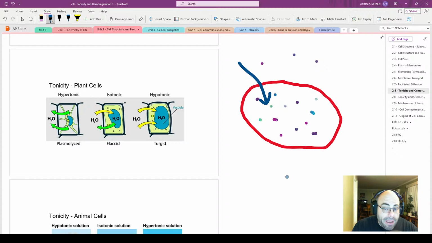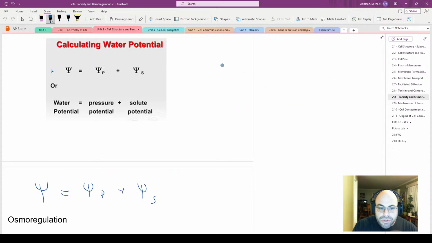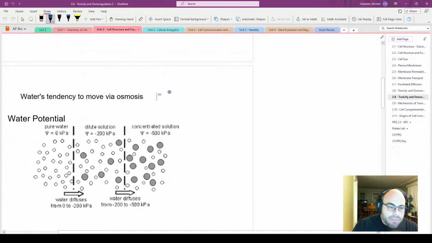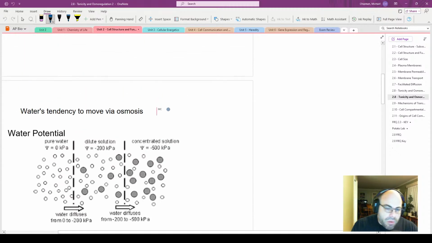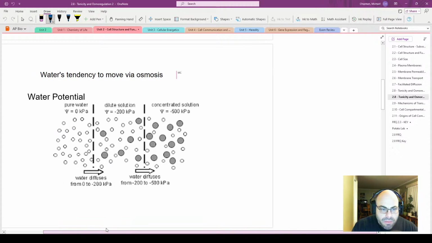Now that we have that, we're going to move on. So let's do some of those equations and things. This is one of those things, by the way, this water potential, much is made about it. It's not hard. Using that same information, water potential is just water's tendency to move. We just learned that water goes from hypo to hyper, right?